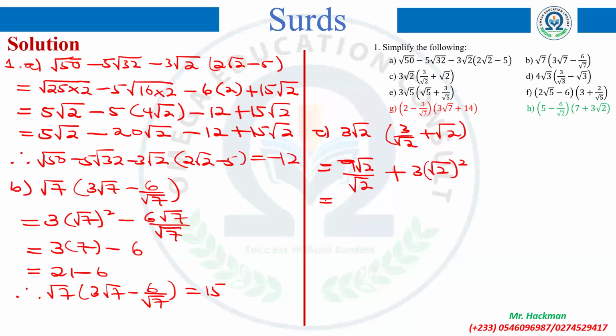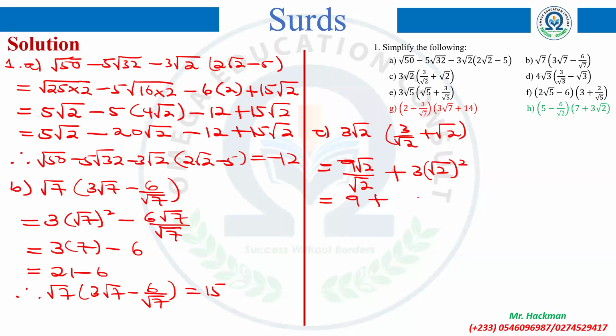If we are smart, which we are, we could have moved to this particular step that I'm going to write. But if you want to play it safe, you can write the step. So now what do we have? This root 2 will cancel the root 2 there, so that will give you 9.